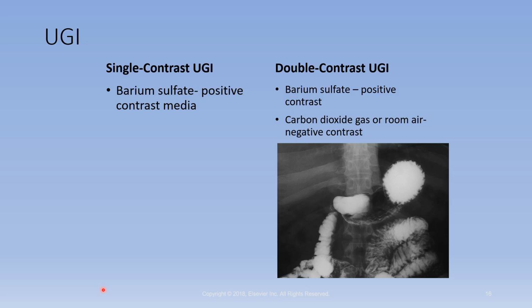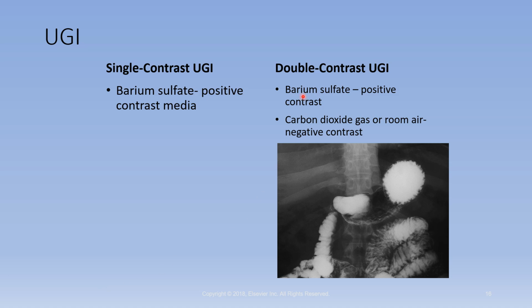If it's a single contrast study, then what that means is that the patient is given one positive contrast media. So they are either given barium or the water-soluble iodinated contrast.